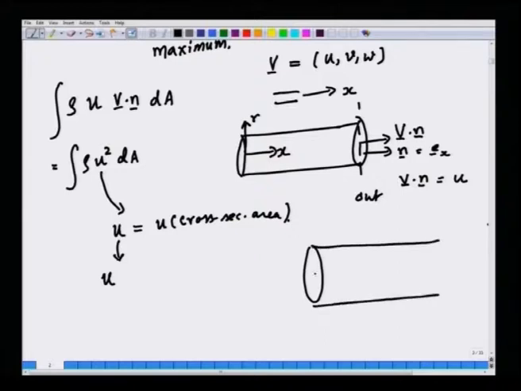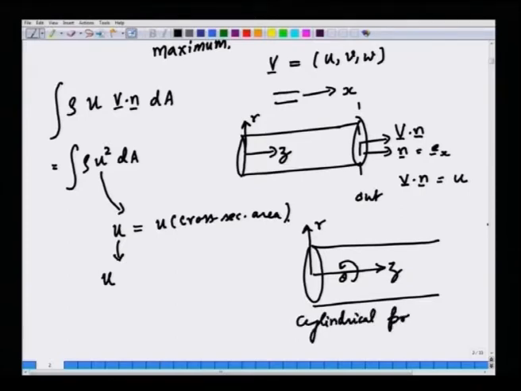It is useful to use polar coordinates, where, to be correct, we should call the flow direction z, and then r, and then theta. This is called cylindrical polar coordinates. Theta goes around the axis of the tube.